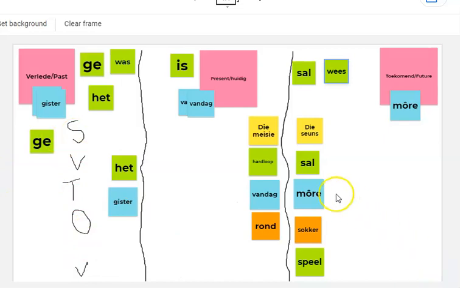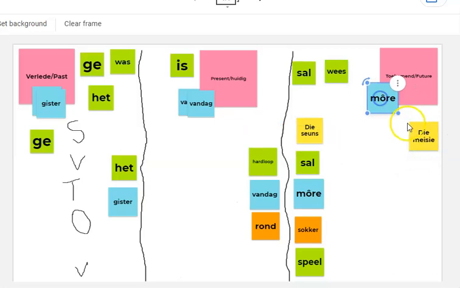All right, so let's take the next one. Die meisie hardloop vandag rond. So remember that once they travel from the past or from the present to the past or the future, there's always a jealous somebody, okay? So let's have a look. Die meisie. I'm going to just move môre away a bit. Die meisie hardloop.